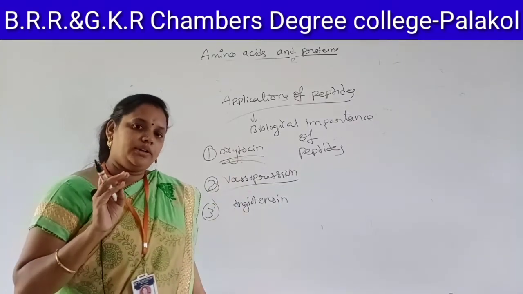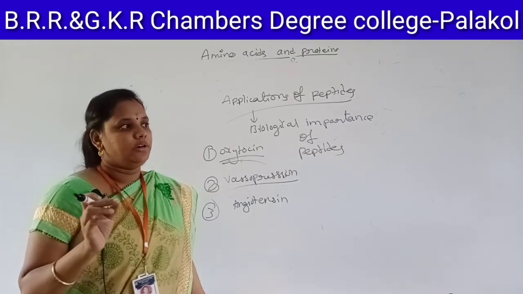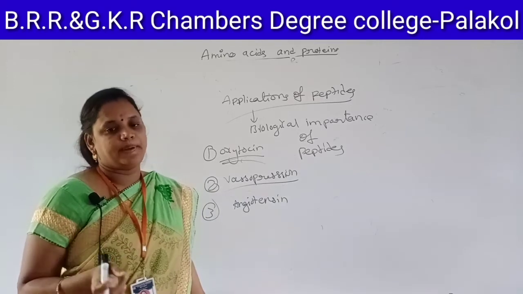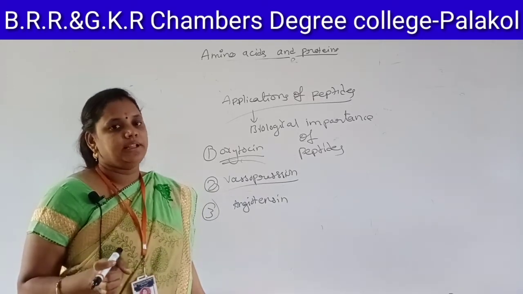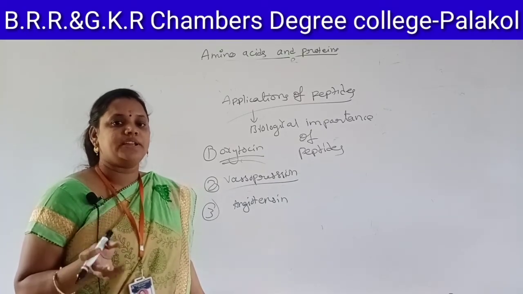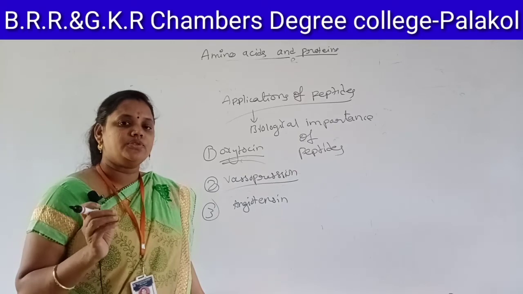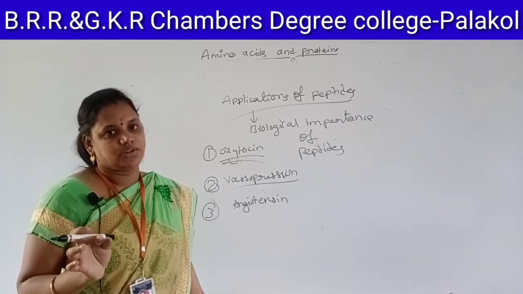You also have to write about the structure of the peptide, the N-terminal amino acid and the C-terminal amino acid. You have to write also the synthesis. In synthesis we have used a protecting group which is removed at the last of the reaction.